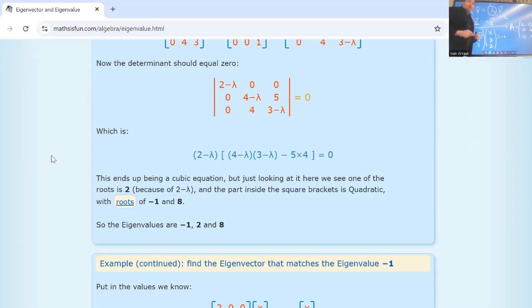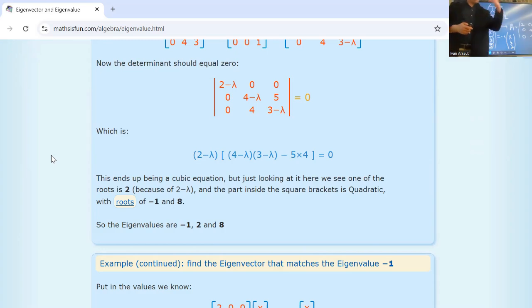I want to find the vector associated to the first eigenvalue, minus 1, and that vector is x, y, z. So I want to find x, y, and z. I have 3 equations with 3 unknowns.